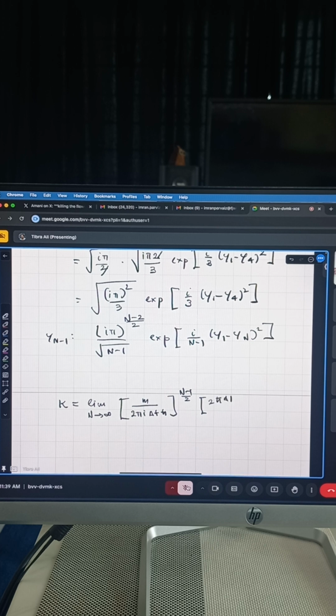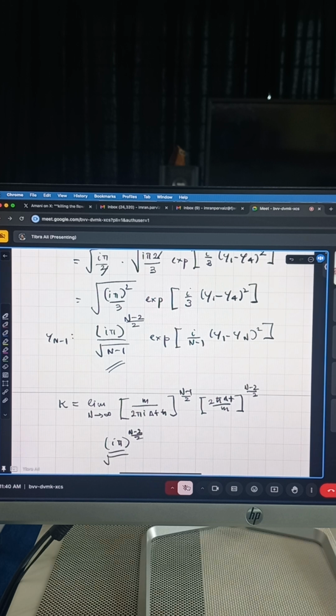And then we have an exponential, which is I over n minus 1 times delta t, I'm rewriting it slightly, m by 2 h bar, and now I'm writing it in terms of x now.